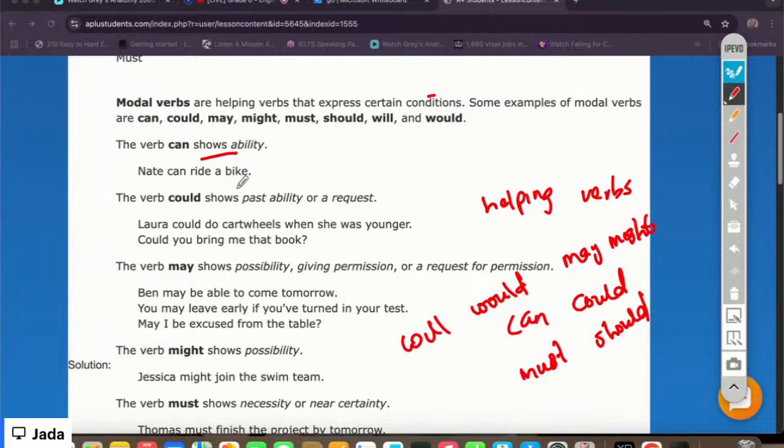Nate can ride a bike. So this is showing an ability, that he can do something. The verb could shows possibility or request. Laura could do cartwheels when she was younger. Could you bring me that book? So could shows request or possibility.